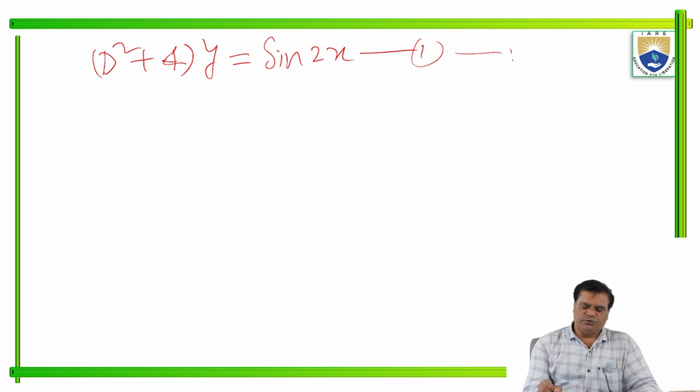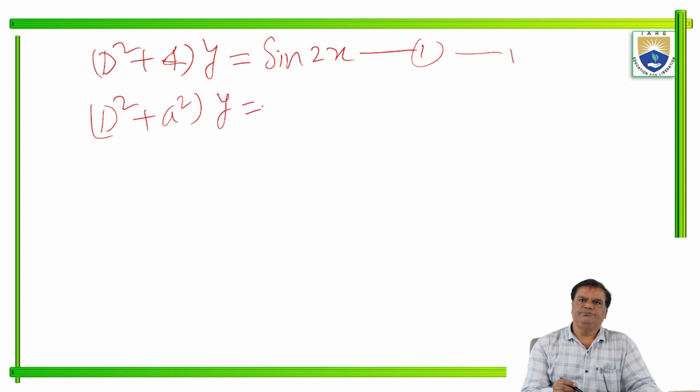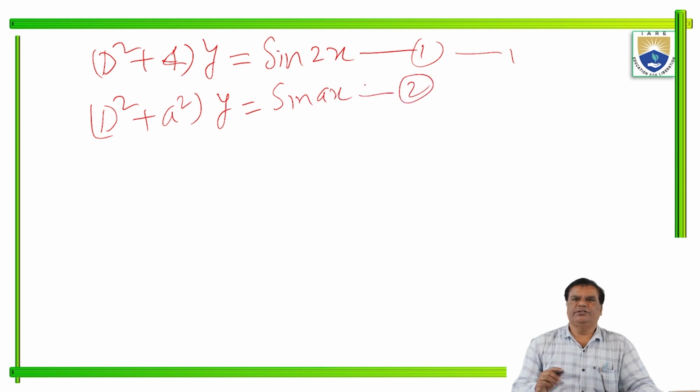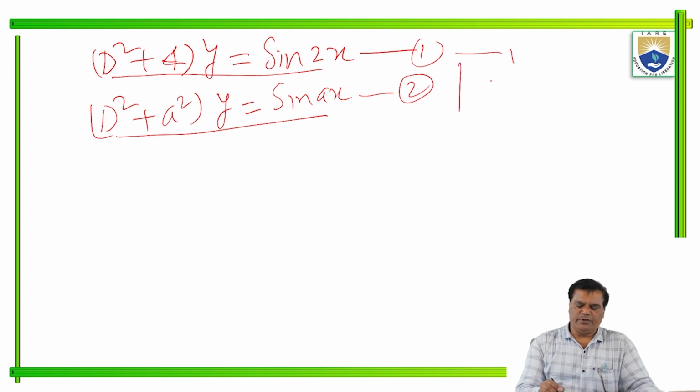The general equation is D square plus a square, y equals sin ax, which we have solved in this lecture. Now what is the solution of this question? Here a is a number. Here we have 4, which is a square, so a is 2.